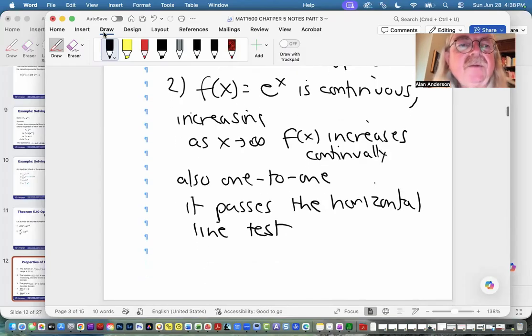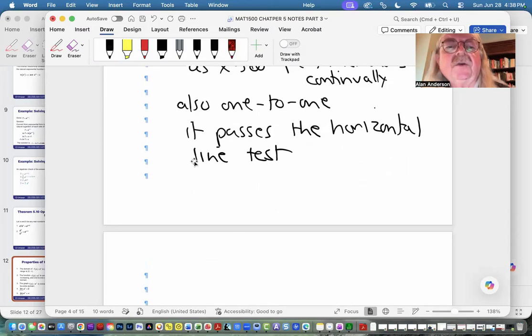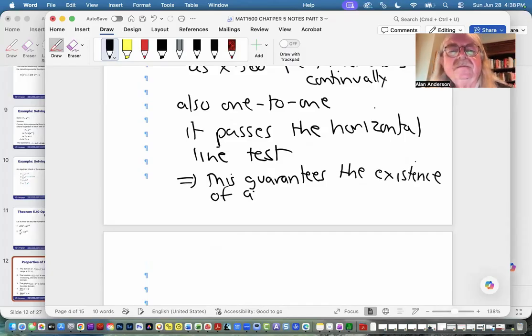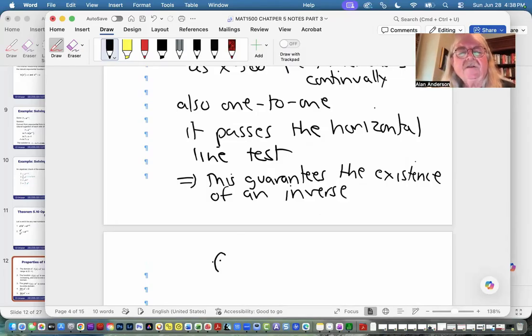And what does that tell us? Once again, just a quick reminder, this guarantees the existence of an inverse. And of course, we already know what it is, and that, of course, is natural log of x.